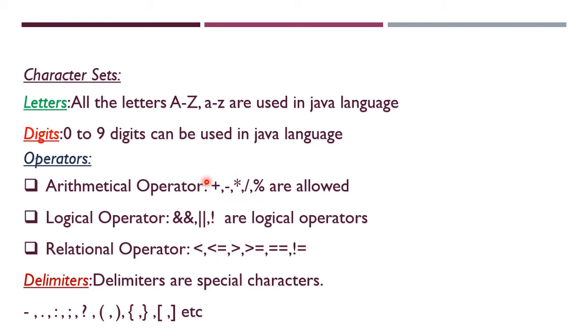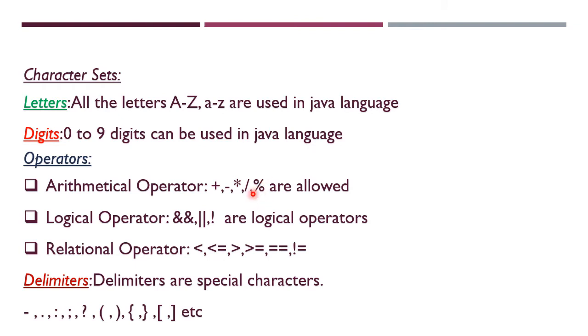In the same way, in the computer we can use plus and minus as it is, but here we will use the asterisk symbol for doing multiplication. The symbol is changed in the computer, but it performs the multiplication operation. And division uses the slash symbol. And this is the percentage symbol, also called the modulus operator.